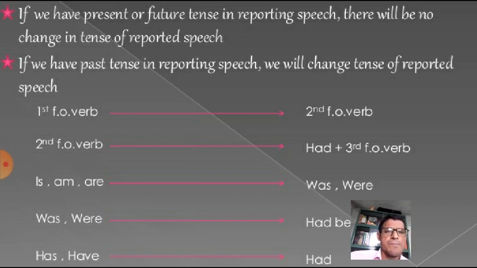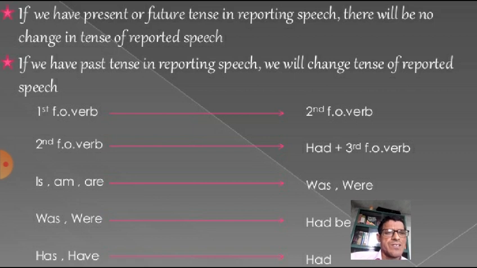It means past simple tense can be changed into past perfect tense, dear student. So this is another rule about the change of tense. So here we talked about two rules of tense.